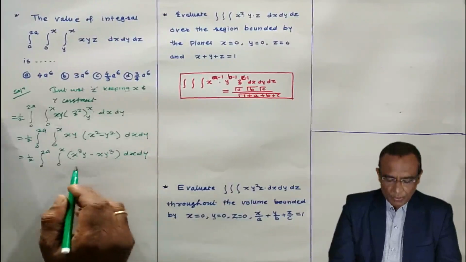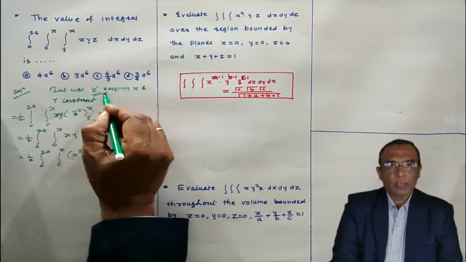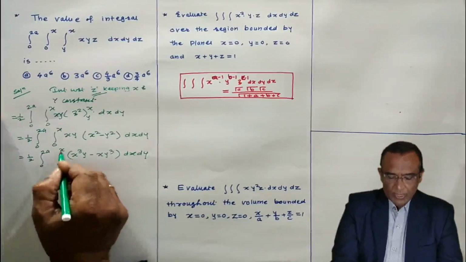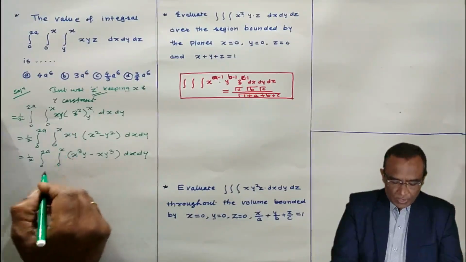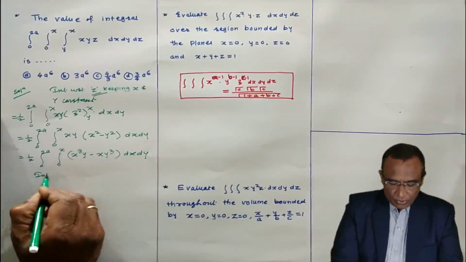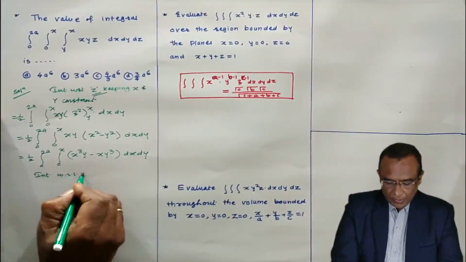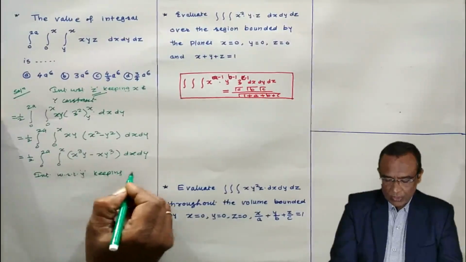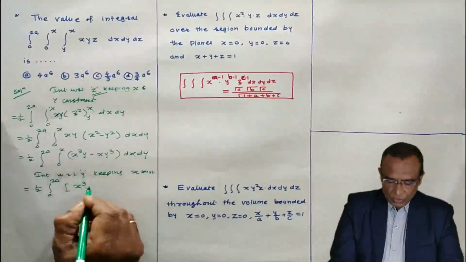This becomes the problem of double integral. So we have integrated with respect to z, the term of z is done. Now limits of this integral, you may call this as the first integral now. Limits of this integral are given in terms of x, therefore integrate with respect to y, keeping x constant. x cube is as it is, multiplicative constant.